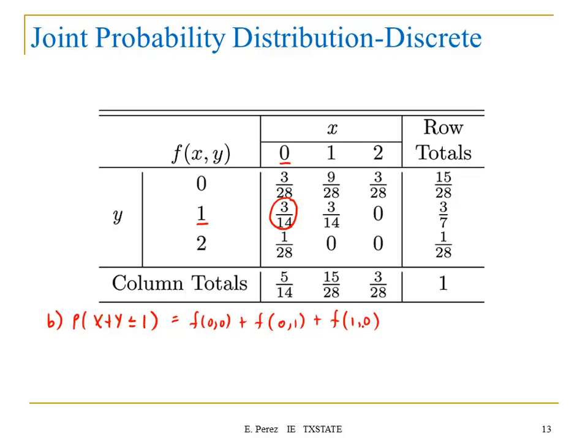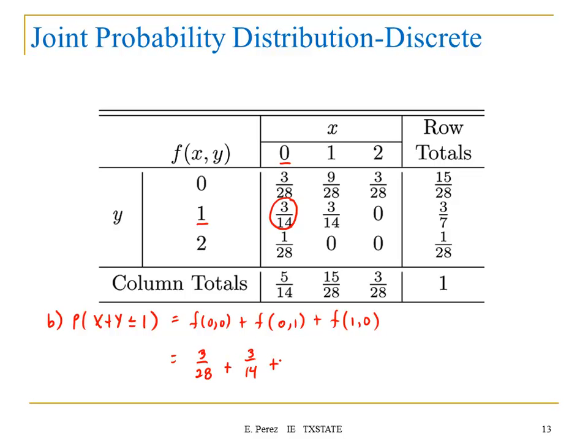So what is the probability of (0, 0)? 3 over 28, correct? What is the probability of (0, 1)? From the table, 3 over 14, correct?